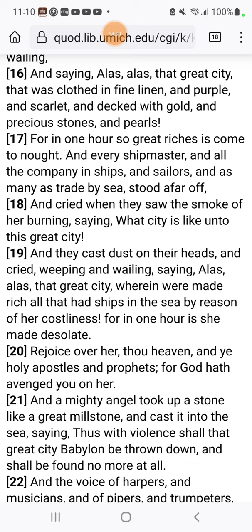Verse 20 is important to me, and you other brothers may find it as well. But verse 20, the Lord says this, rejoice over her, thou heaven, and ye holy apostles and prophets, for the Most High has avenged you on her.